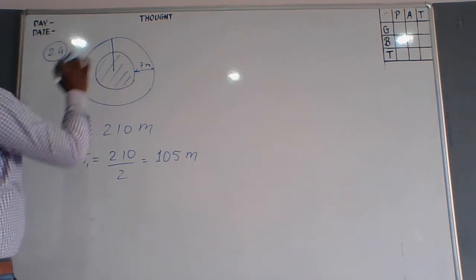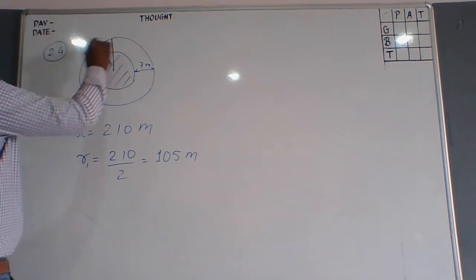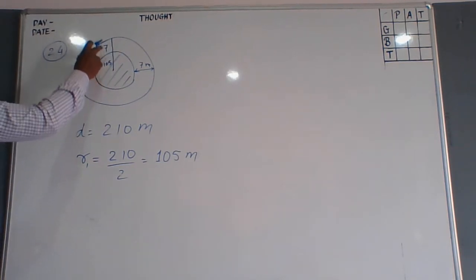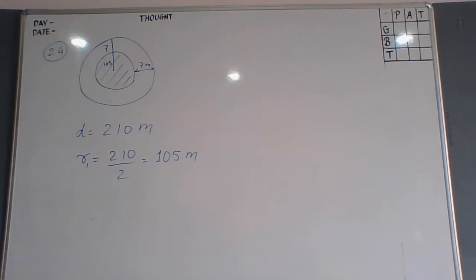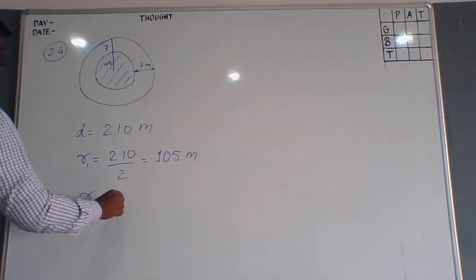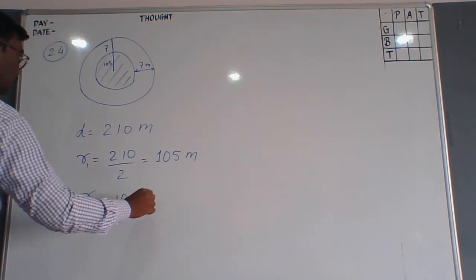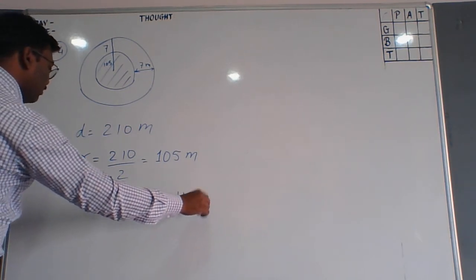We know that the internal radius is 105 and the width is 7. So 105 plus 7 will get the external radius. Okay. So the R2 will be 105 plus 7, that is 112 meters.